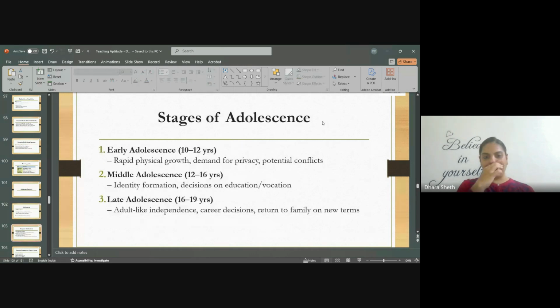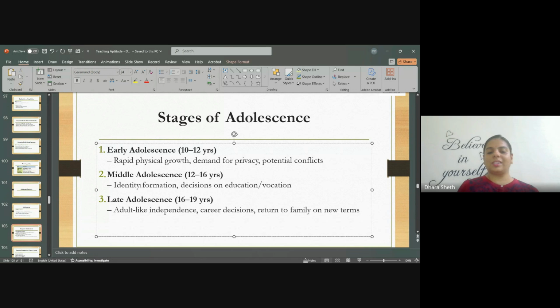Now this you need to remember. What are the 3 stages of adolescence? 10 to 12 years is early adolescence, rapid physical growth. Now this is the time where this child will slowly start demanding privacy and potential conflicts start happening. Okay, and slowly from parents being their gods, now peers start becoming their god. We'll come to that in the previous questions.